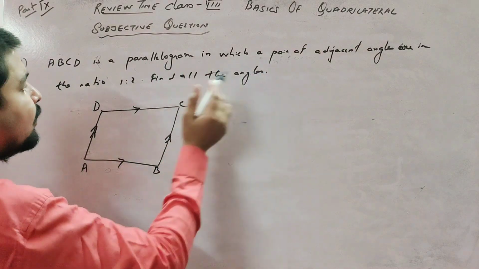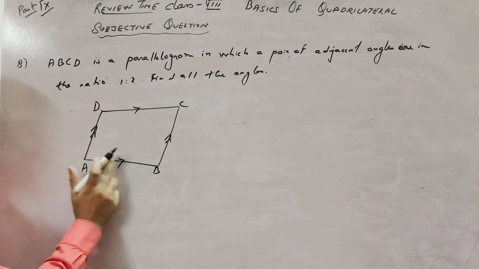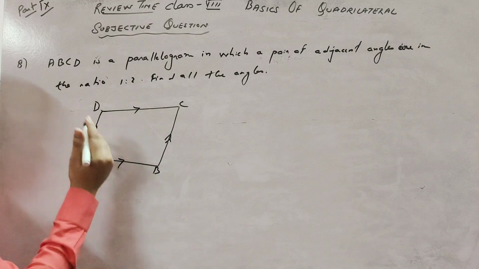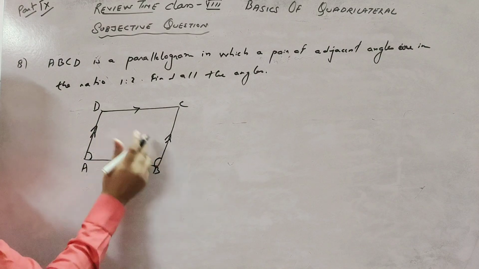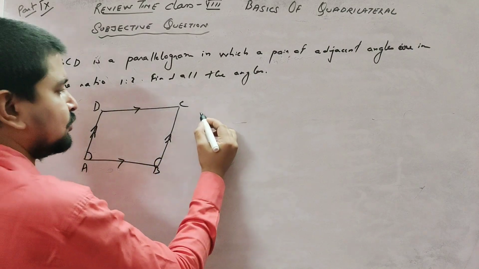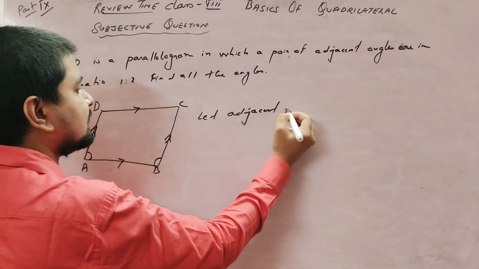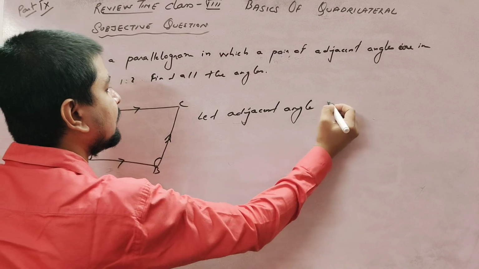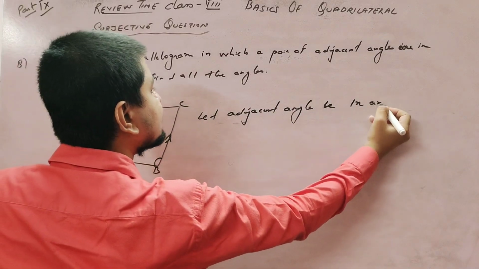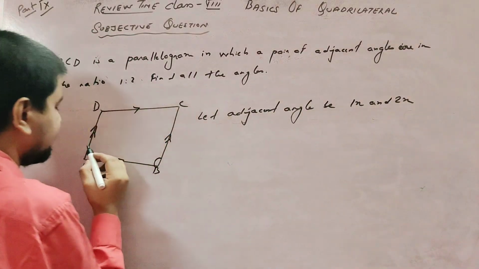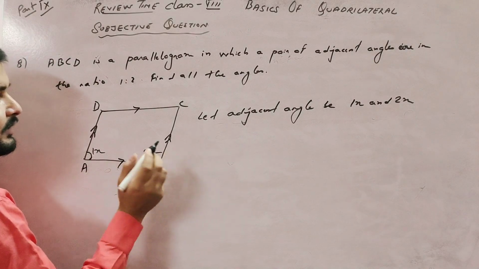In which a pair of adjacent angles, this one is called adjacent angle, is given in the form 1:2. So let the adjacent angles be 1x and 2x. That means this one is 1x and this one is 2x.